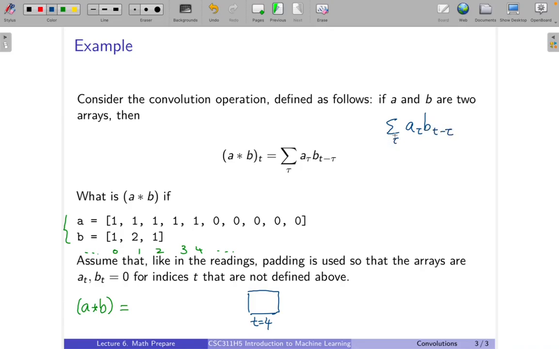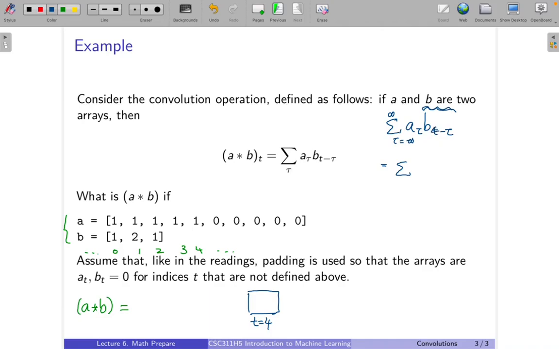And this summation variable, tau, actually goes from -infinity to infinity, which sounds like an impossible sum, but the B term here is going to be 0 for all but 3 values of tau. So most of the terms in this summation are actually 0. And there are really only 3 values of tau where this term is going to be non-zero.